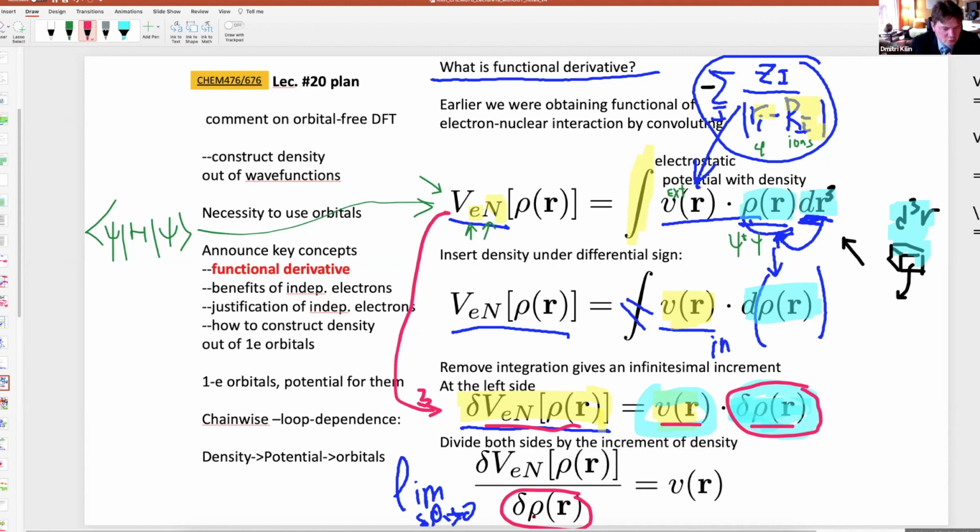So we do have a ratio of increment of energy to increment of density. And density is not a number, it is a function. So we even can have the limit for this delta rho going to 0. And then this will be a definition of functional derivative.